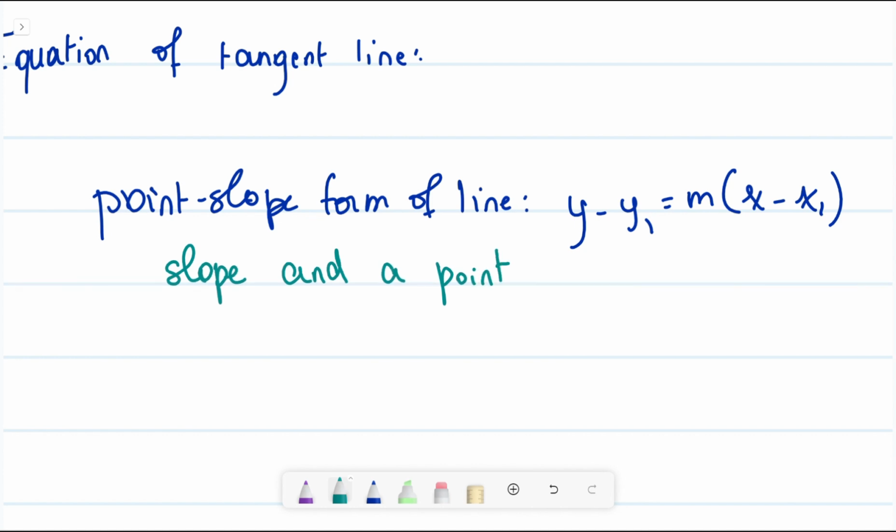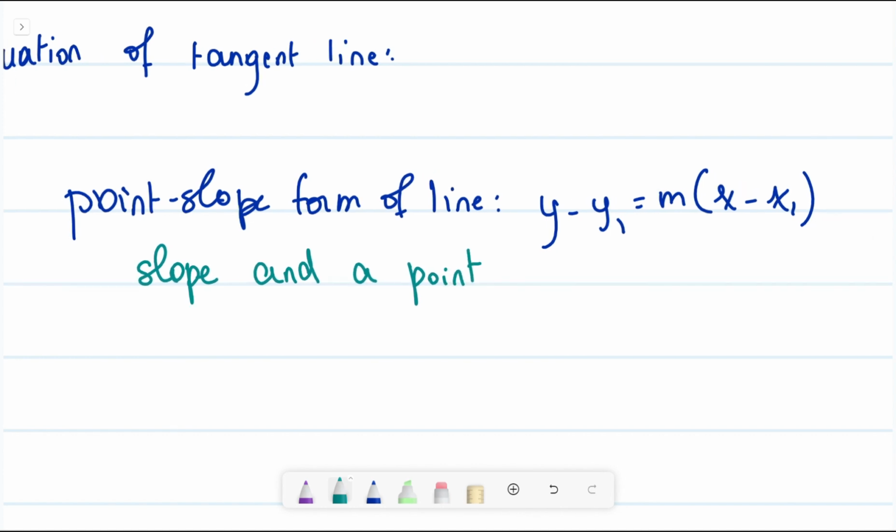It's how we write the equation of a line using a slope and a point. So the point slope form of a line is y minus y1 equals m times x minus x1. As you might notice, m is the slope, and x1, y1 is a point.